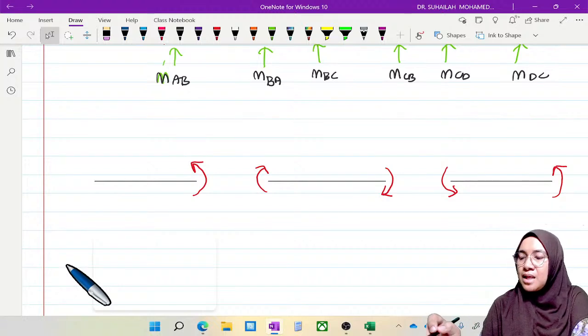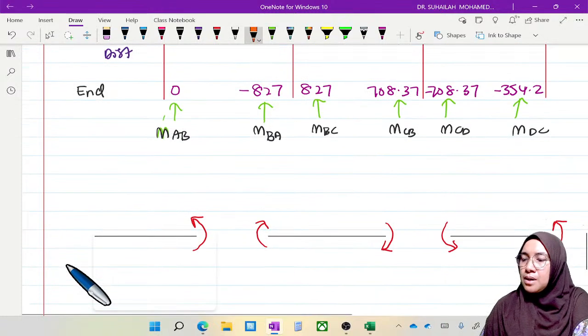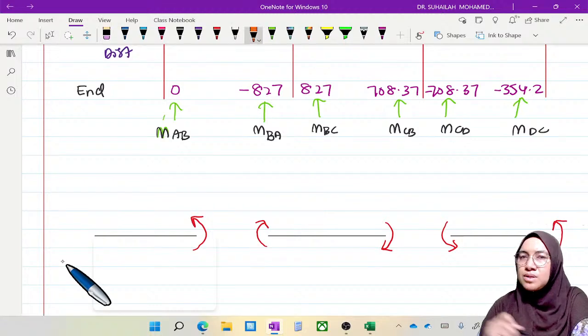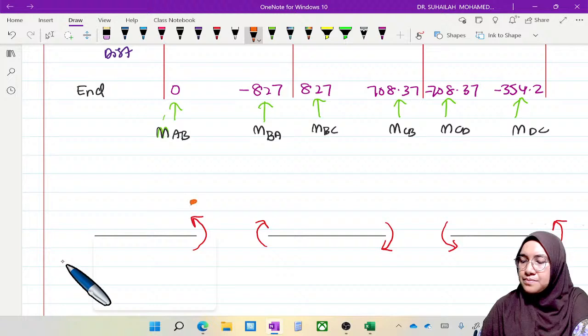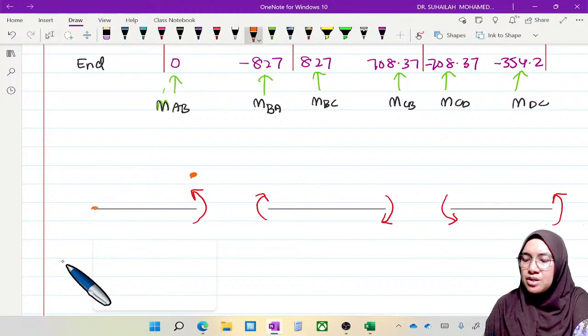It is like this. So the negative 827 position will be located here, and the moment at A is equal to 0.